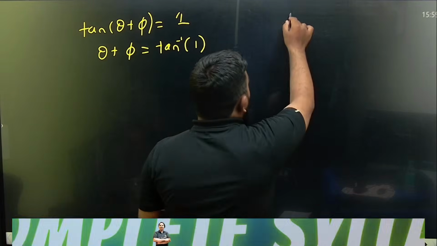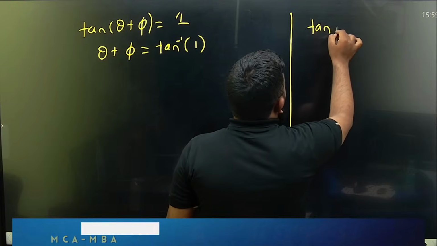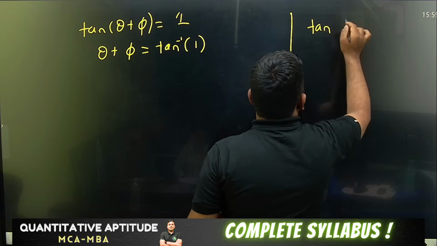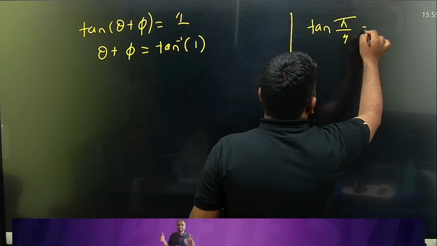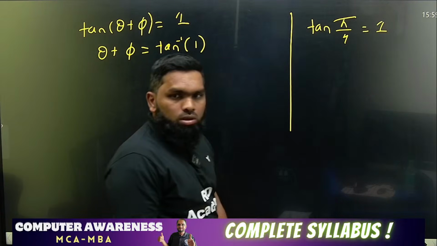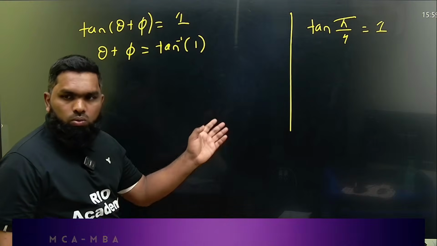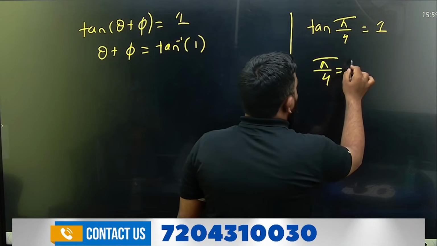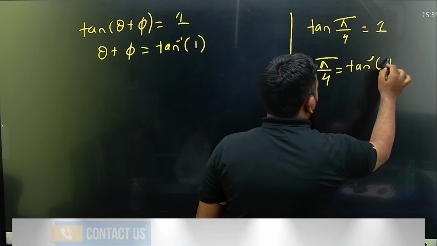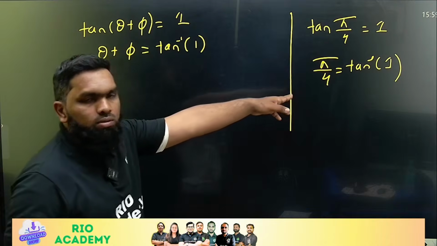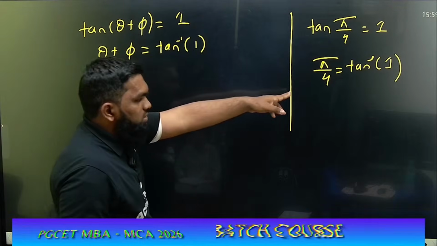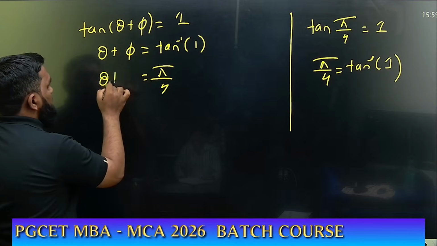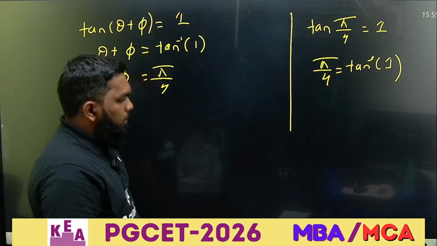Tan 45 degree, we can write tan pi by 4, equal to 1. When we shift that side, pi by 4 equals tan inverse of 1. So tan inverse of 1 is equal to pi by 4. Now theta plus psi is equal to pi by 4.